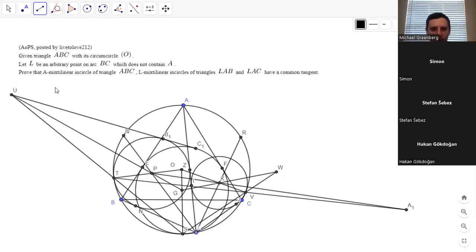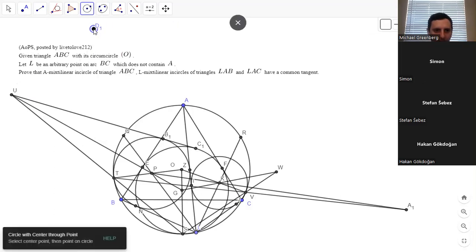And we know U, W, and A1 are collinear. Is there anything special about, let's see, sorry.